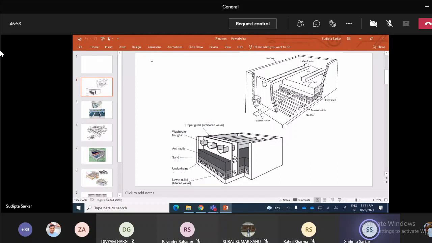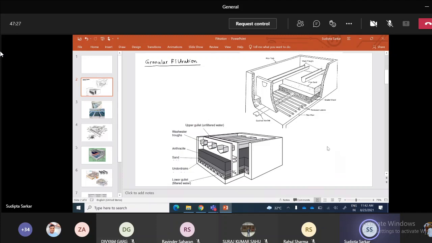So when we talk about filtration in this particular class, we'll have two different distinctions. We will say granular filtration, because nowadays, as you know, there are other types of filtration as well, which we call filtration based on membrane.